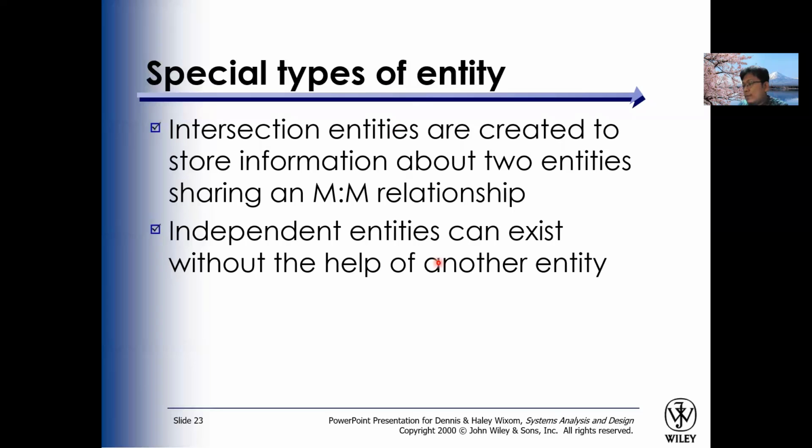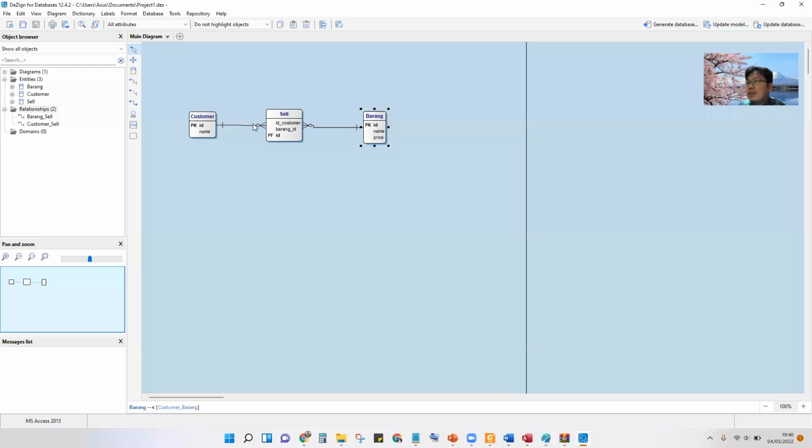So in this example, when we use the many-to-many transaction here, it will be automatically here. So you have to create at least 3 tables here: table 1, table 2, and table 3.